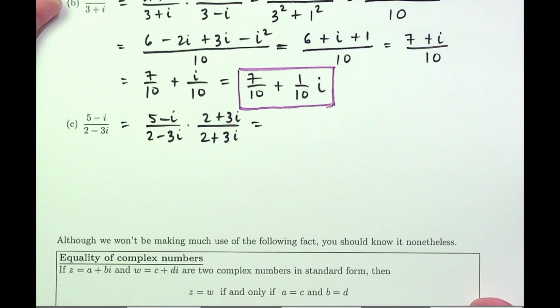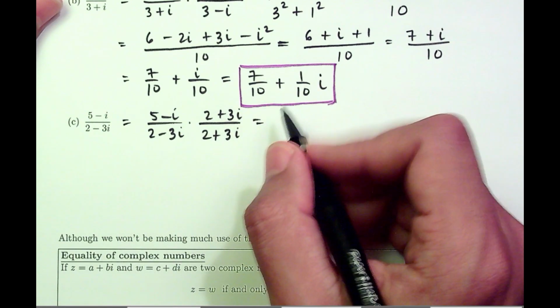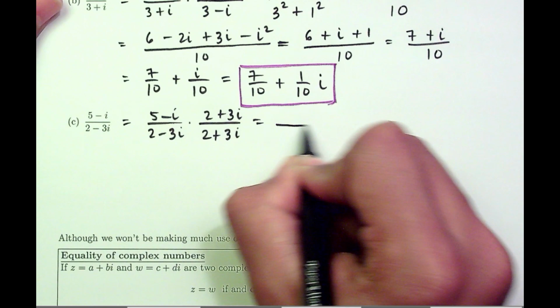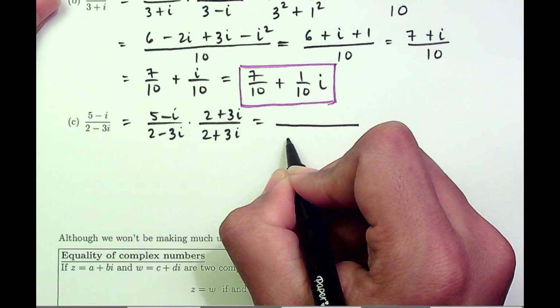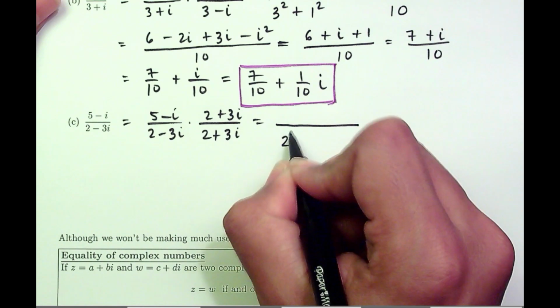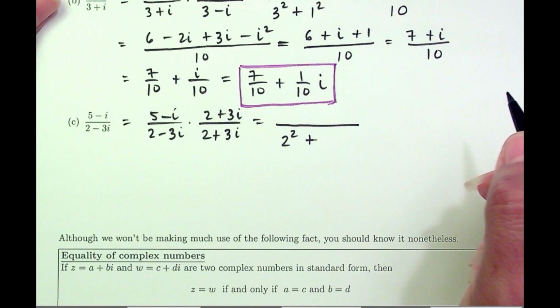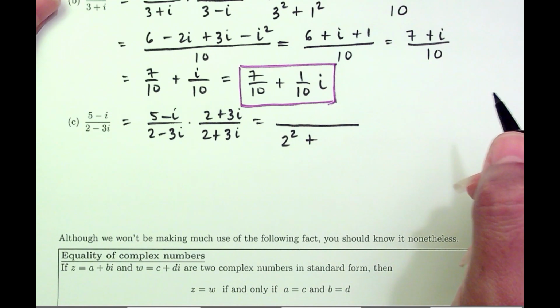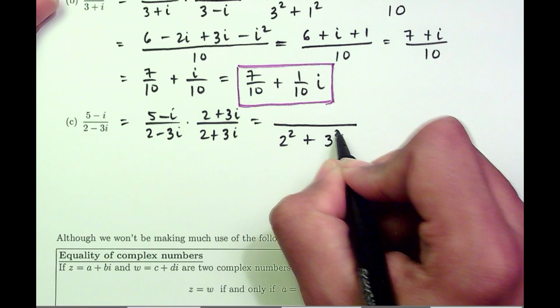The complex conjugate at the bottom is 2 plus 3i. And then the bottom is going to become the real part squared, which is 2 squared, and then plus, always a plus, the 3, the coefficient of the i, squared.